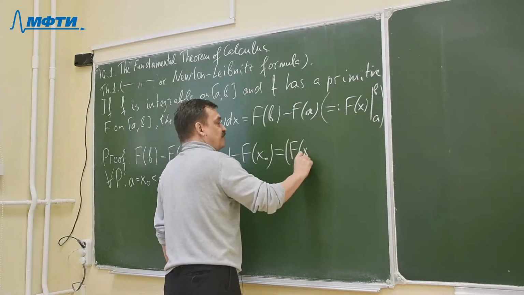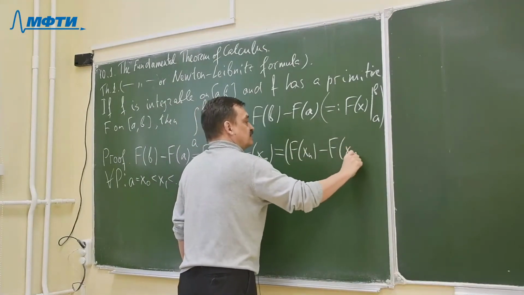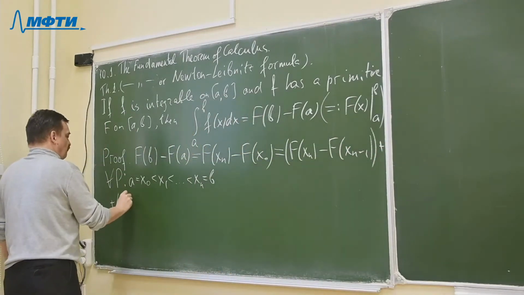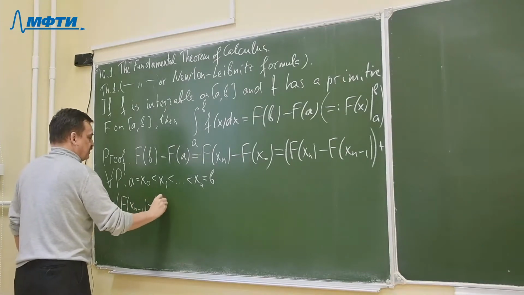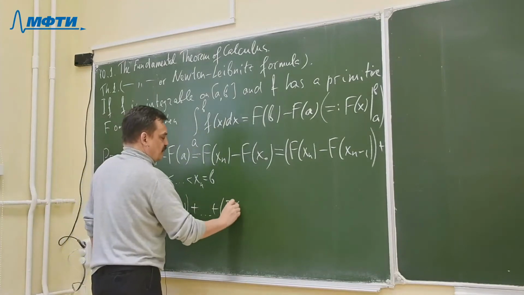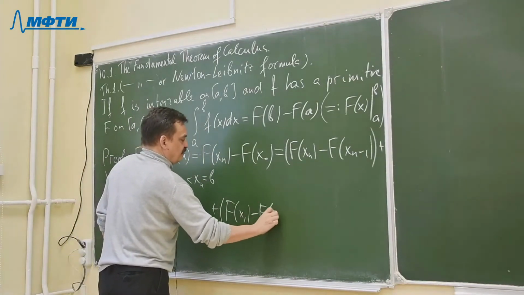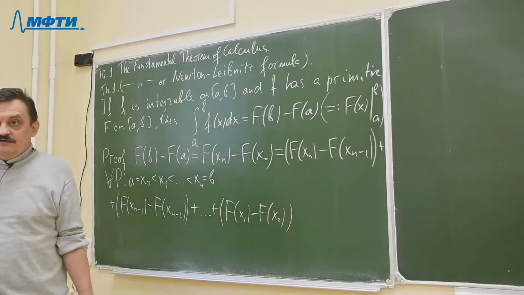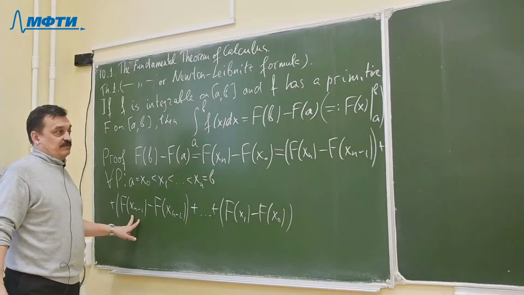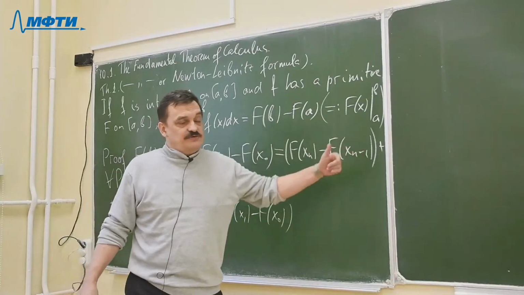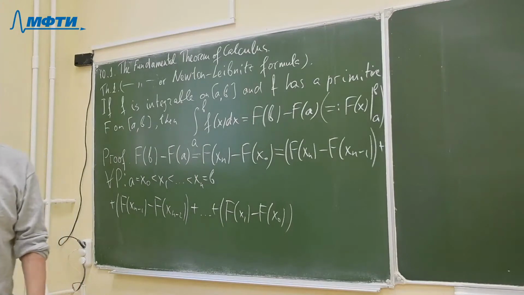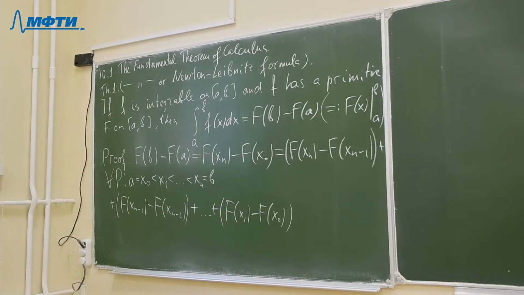So F of xn minus F of xn minus 1, plus F of xn minus 1 minus F of xn minus 2, plus and so on, F of x1 minus F of x0. So you see, we insert capital F of xn minus 1 with opposite signs, then capital F of xn minus 2 and so on. So we have a telescoping sum, right?